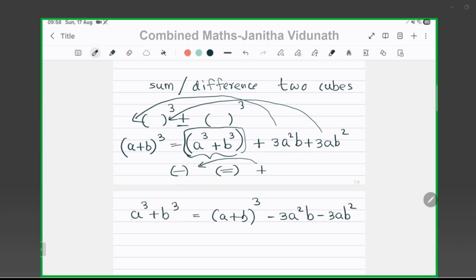Now, on our left hand side, we get the sum of two cubes. On our right hand side, we get a plus b whole cube minus 3a square b minus 3ab square.